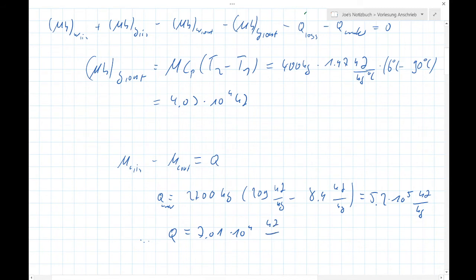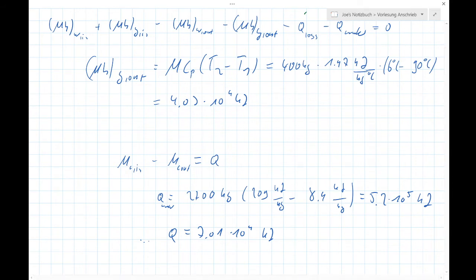No, kilojoule, sorry, not per kilogram. My error was here. Even if you're sitting in front of your board, you make errors. Of course, this kilogram drops out, so it's not kilojoule per kilogram, it's kilojoule, otherwise it makes no sense.